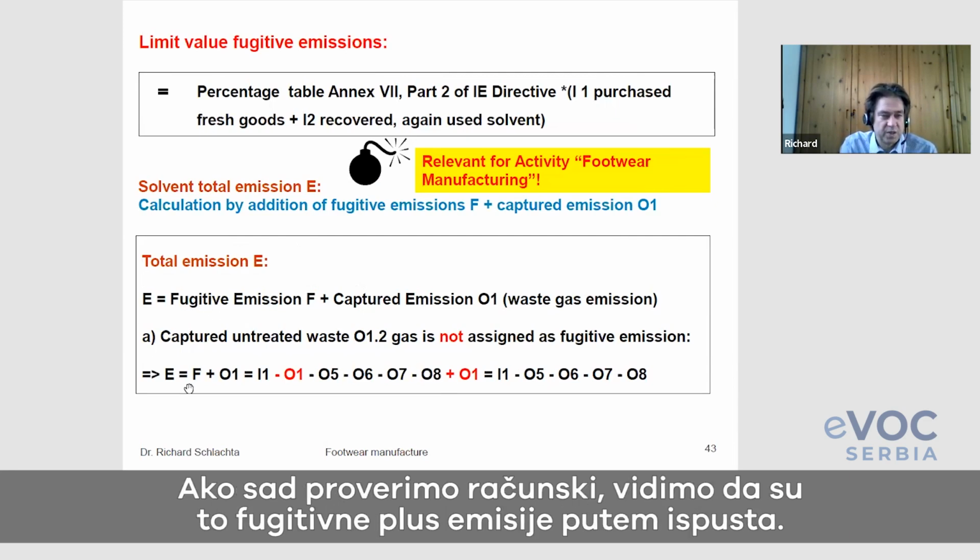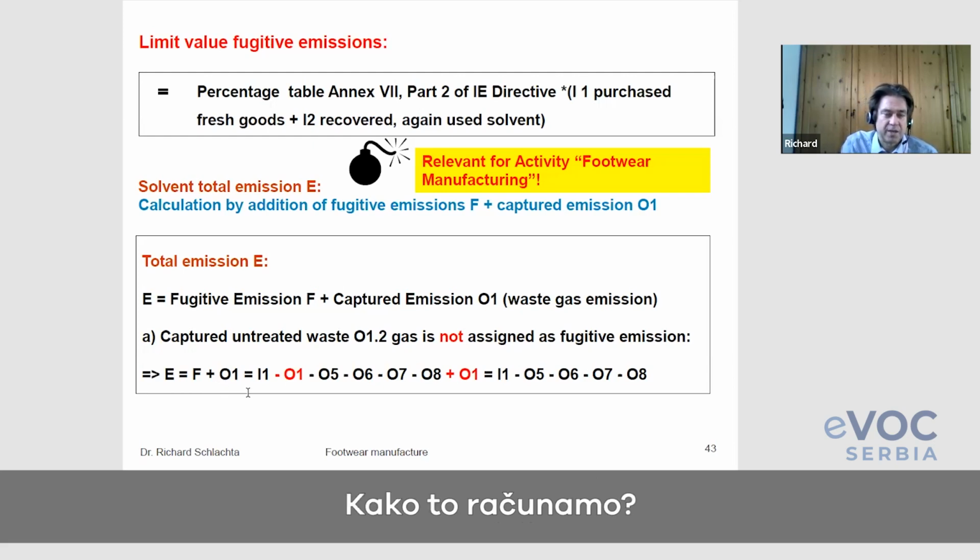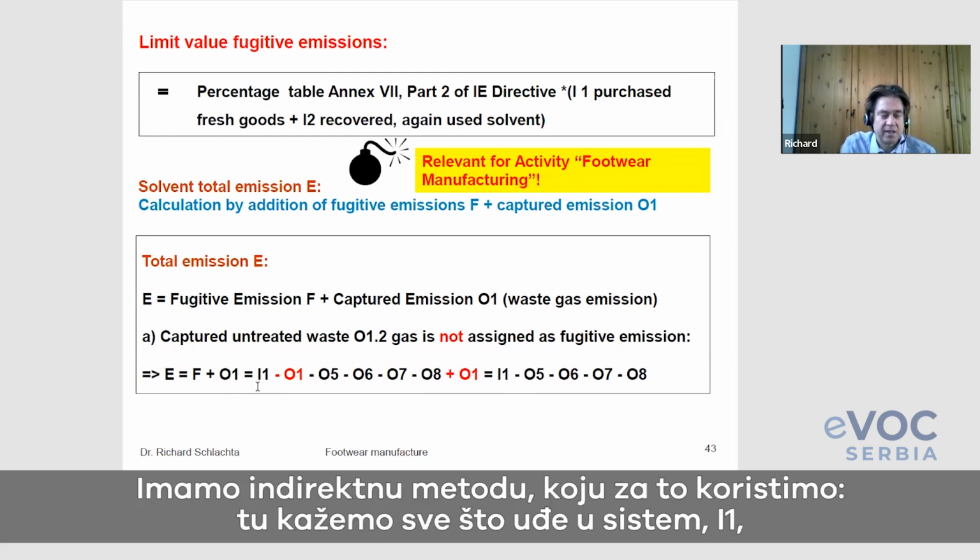So if we check it by calculation, we see it is the fugitives plus the emissions by stacks. Now, how can we calculate it? We use the indirect method. Indirect method, why? What does it mean?